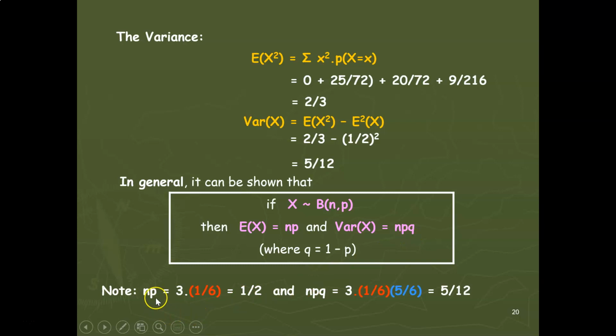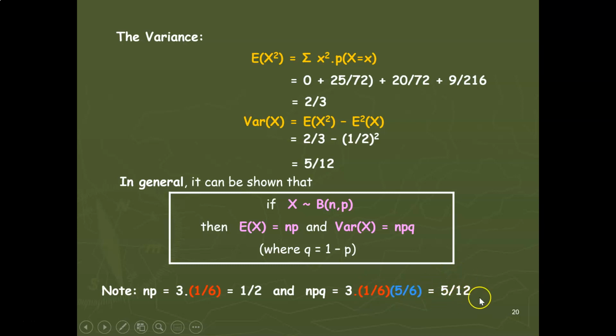We can note that np equals 3 times 1 over 6 equals half. This is the mean just now. And for the variance, which equals npq, n is 3, p is 1 over 6, and q is 5 over 6. How do you obtain q? q is 1 minus your p, so you get 5 over 6. Then you get 5 over 12.